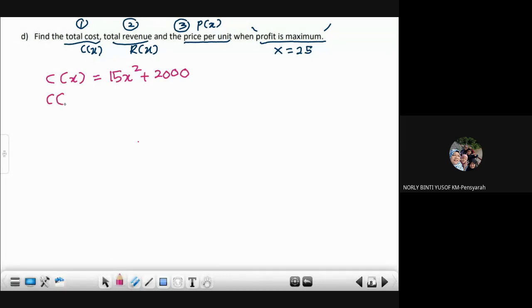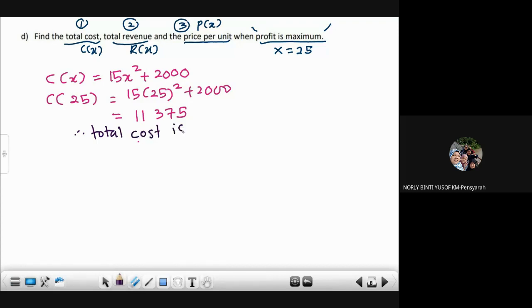So kita masuk 25 and kita kira. So you got 11,375. So samalah. Total cost is ringgit Malaysia 11,375. Okay, itu baru total cost.